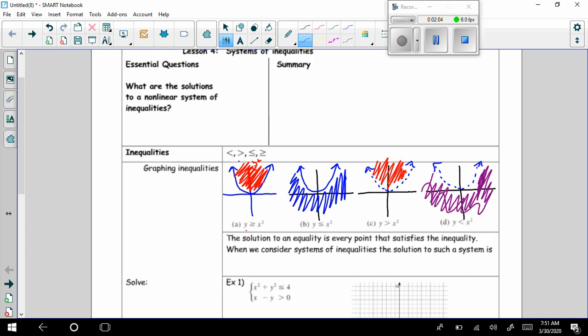So the solution to these inequalities is every point that satisfies the inequality, and that will be every point in the shaded region.